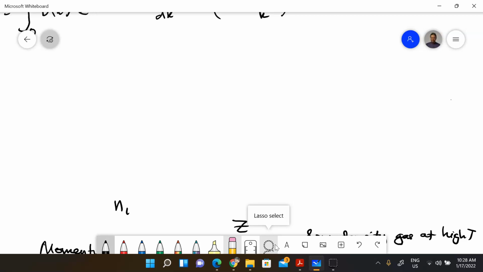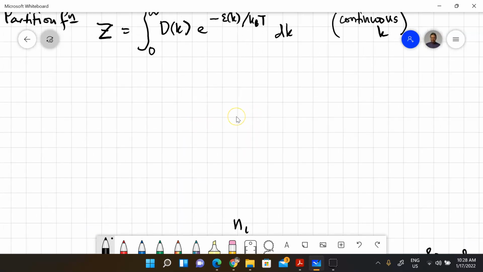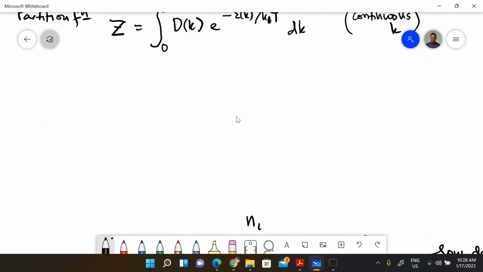Where were we? So we have done the partition function now. This is for the case of 3D.